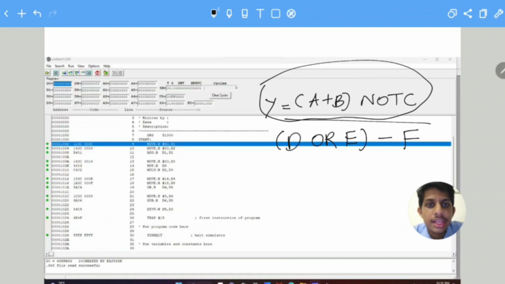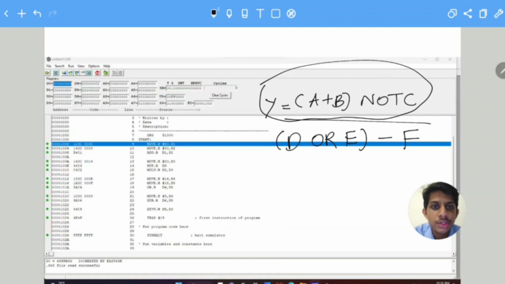So the first step I start is move.B #60,D1. It means I move the number 60 into D1. D1 is a location. Second, I move the B value into D2, destination 2.